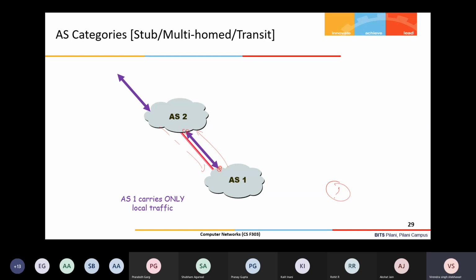Suppose BITS Pilani registers itself as an autonomous system and has one BGP router through which it is connected. We are just receiving traffic and forwarding traffic from our own local network, with the hosts used by students, faculty and all, right?